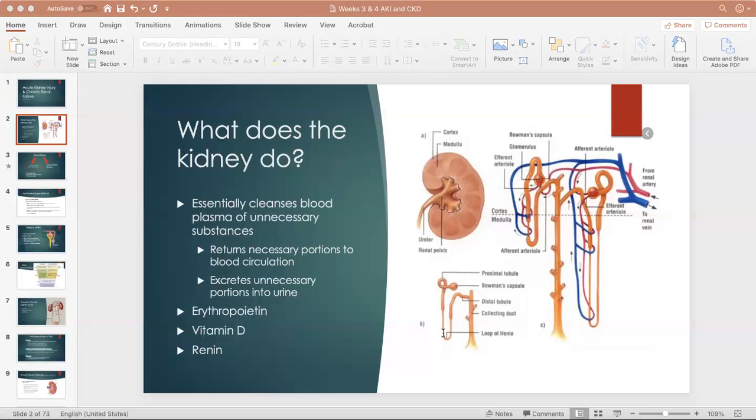So if the tubule is damaged, and we talked about that when we talked about acute tubular necrosis, right? If it's not working properly, it's responsible for collecting fluid and putting it into the urine.